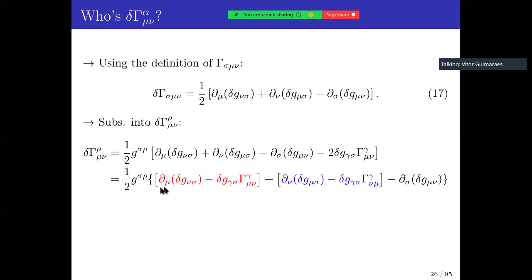We get a partial derivative of this object, and then we get this object contracted with a Christoffel symbol, right? I don't know if it's ringing any bells, but this kind of looks almost like a covariant derivative of this term delta G nu sigma, right?